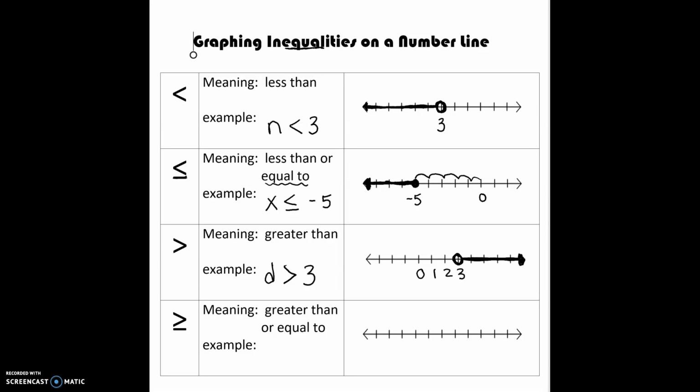And then finally our last example here, greater than or equal to. So there's that word equal to. Again, we have the line underneath the greater than sign. So let's say we pick a variable s, and we say s is greater than or equal to -2.